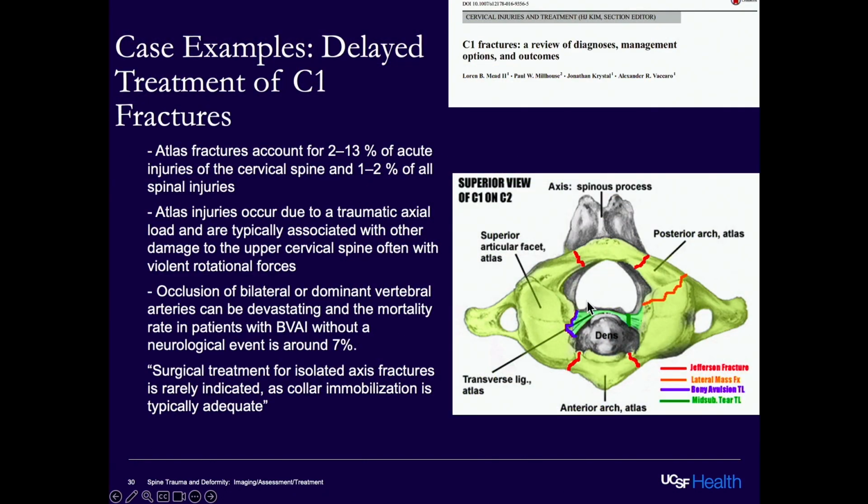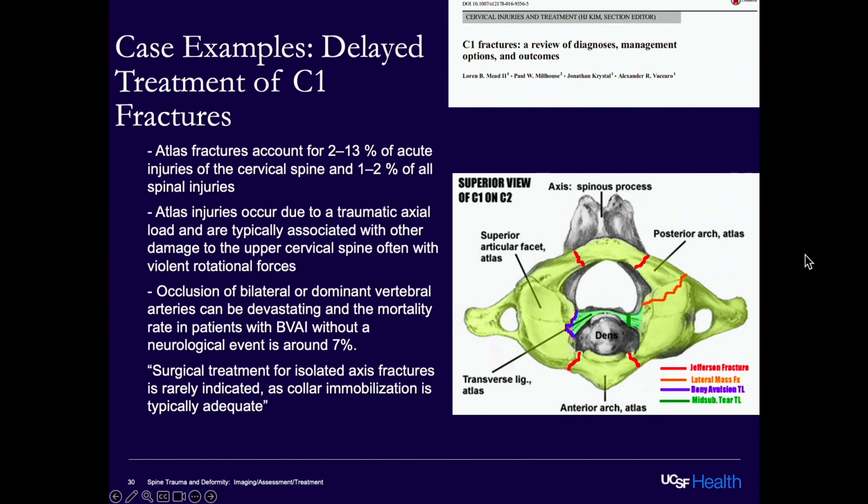A couple other areas in terms of spinal deformity and overlap were how to approach C1 fractures. Typically, these are not common injuries, but they do occupy a higher incidence in our frail elderly patients. They can incorporate injury to the vertebral artery, blunt vertebral artery injury, and collar immobilization is by far and away the most common initial stabilization for these types of injuries.